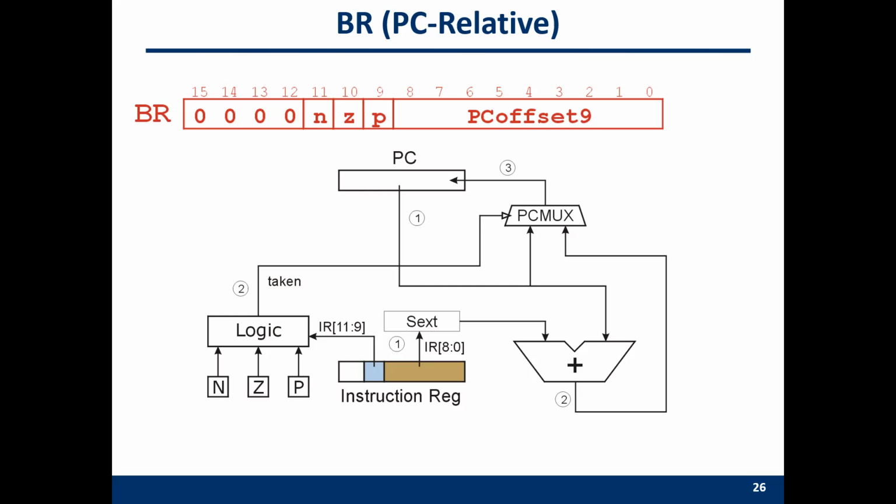Besides this, the input of this mux is PC+1, which means that we will sequentially run the code. Or we take this branch, where we add an offset to the PC so that you can do the jump operation.